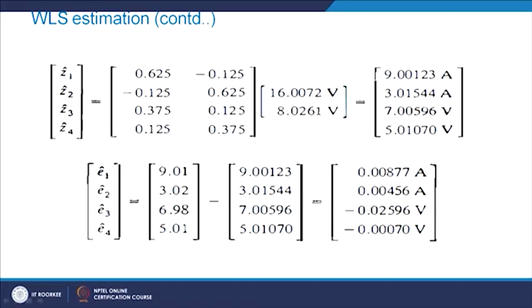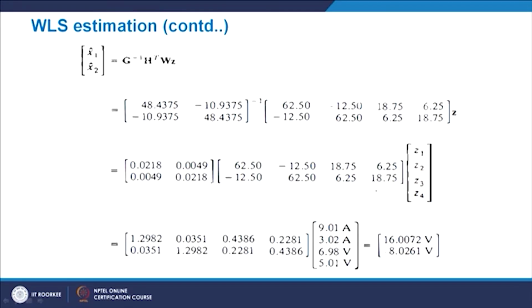But now let us look at what is the estimated measured value, or rather what is the true value of the measurement. If this is the estimated value of x, then I can also estimate the measurements. We are assuming that the estimated values of x are the true values of x.